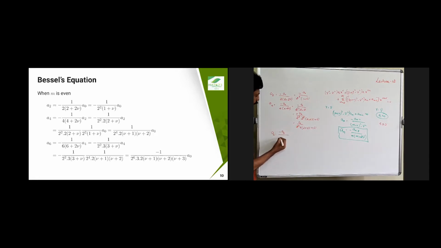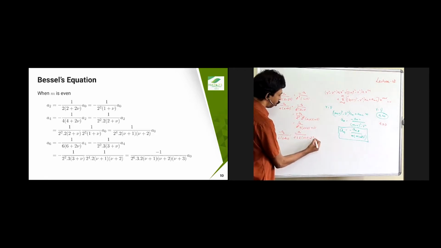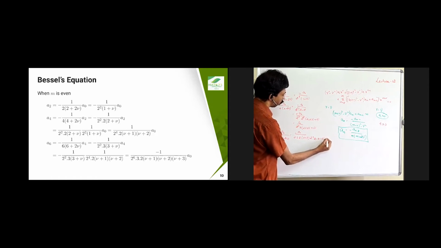So now similarly, a6 is going to become minus a4 divided by 6 into (6 plus 2 nu). I can write this using the same term again: minus a0 divided by 6, which I write as 2 into 3, and taking 2 out, 3 plus nu, and this I can write as 2 power 4 into (2 plus nu) into (1 plus nu).